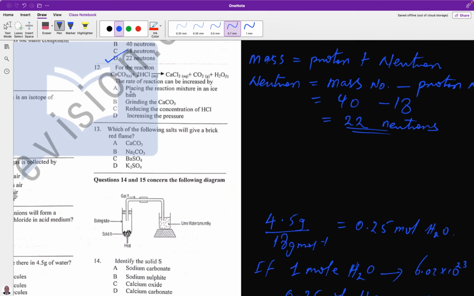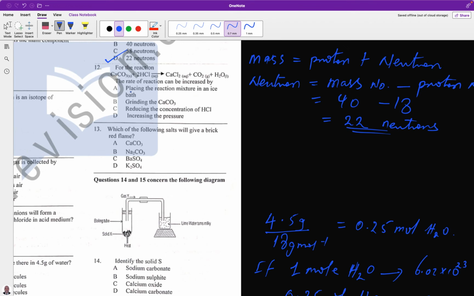Question number 12. For the reaction calcium carbonate plus dilute hydrochloric acid, we will have calcium chloride plus carbon dioxide plus water. The rate of reaction can be increased by A, placing the reaction mixture in an ice bath. No. B, grinding the calcium carbonate.